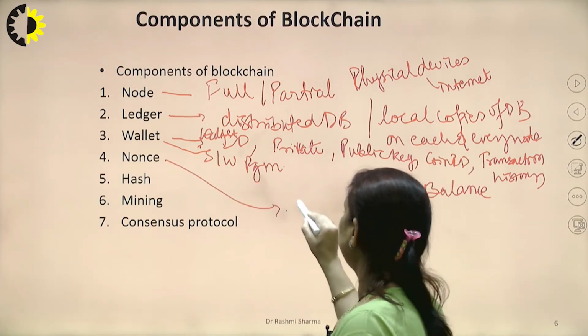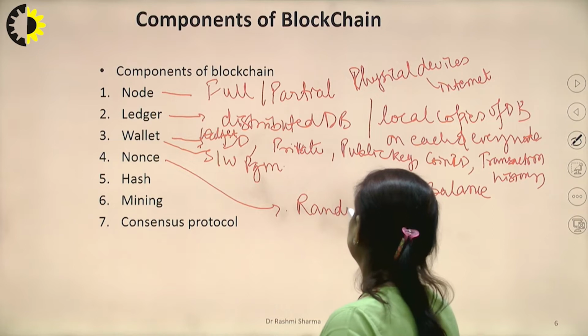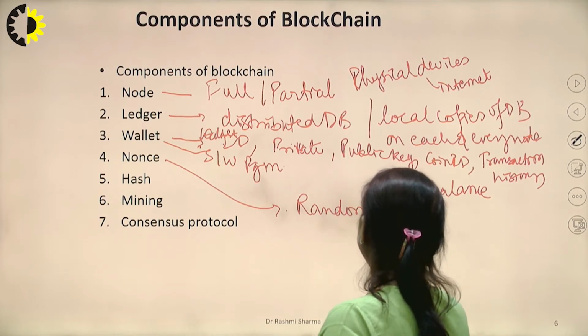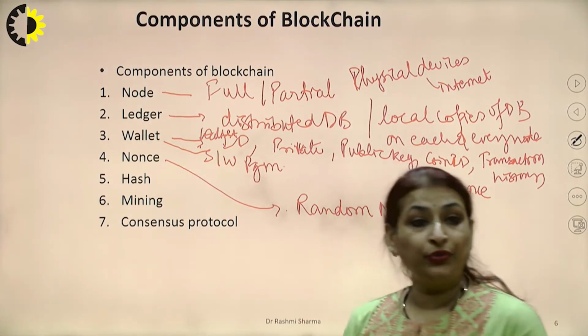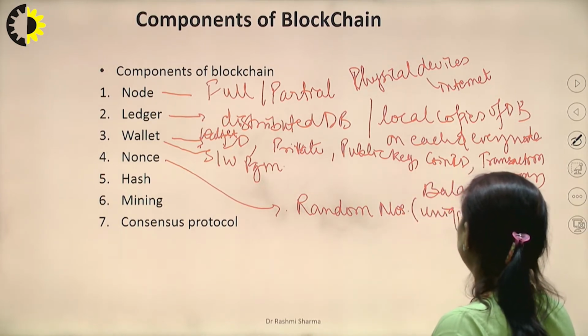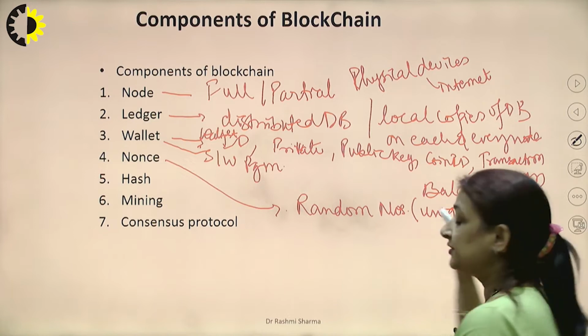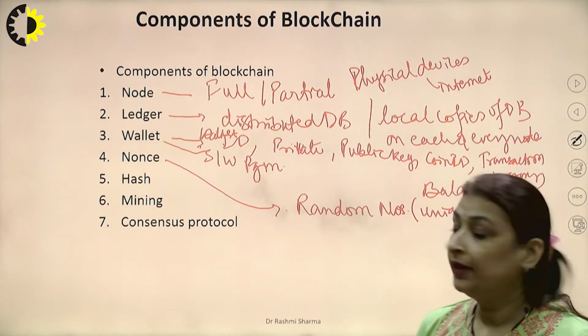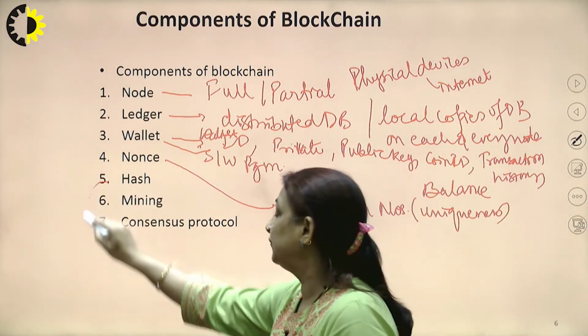Then it was nonce. Nonces were random numbers generated at a particular point of time, which give uniqueness to that particular record of the blockchain. Then we considered the hash function.